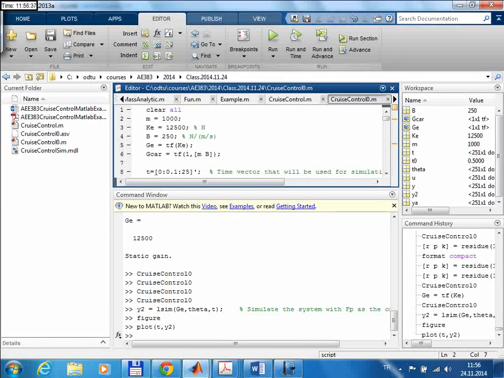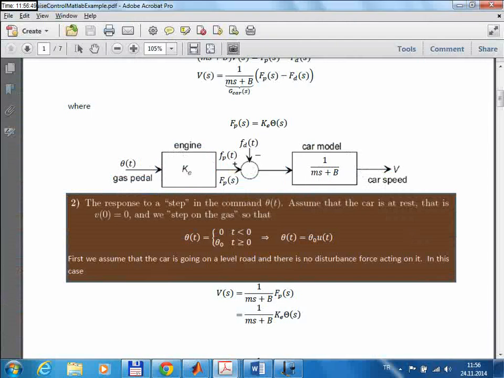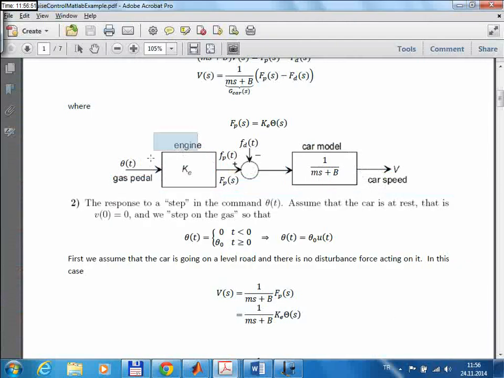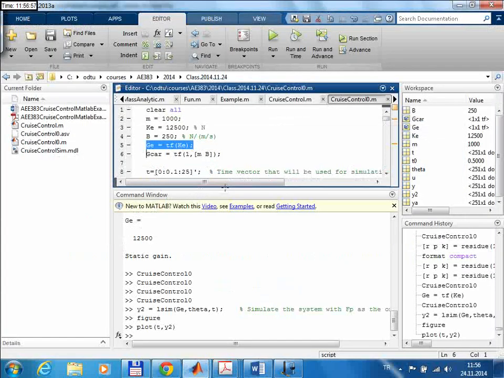So I define these numerical values, I write them here. I define GE, which is the transfer function for this block. That is just a constant number, right? So here's how I define it. It's a transfer function.